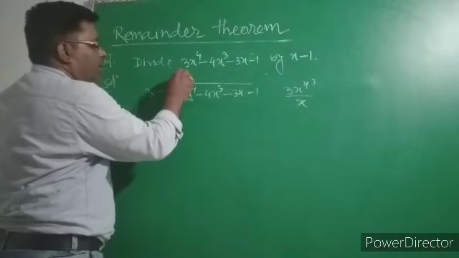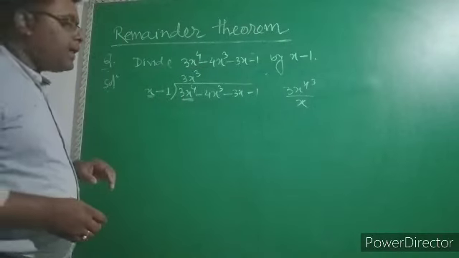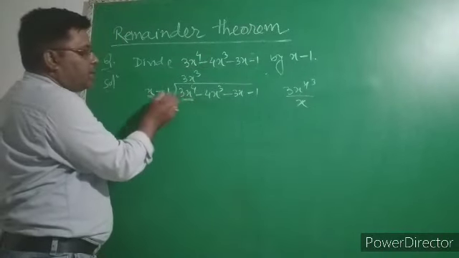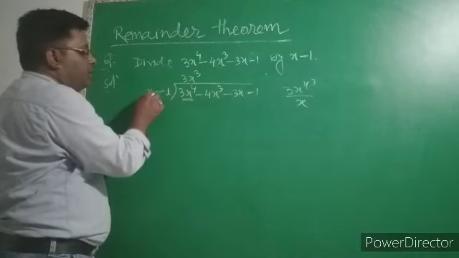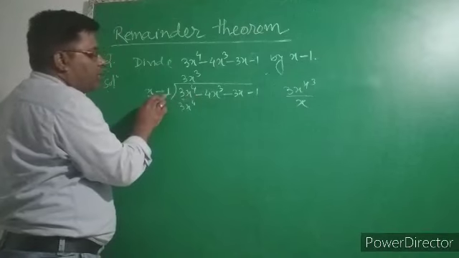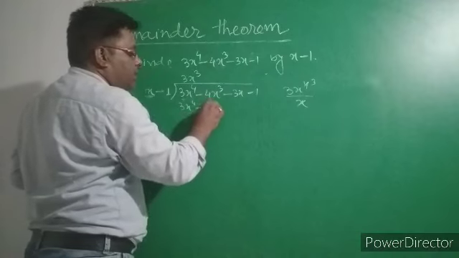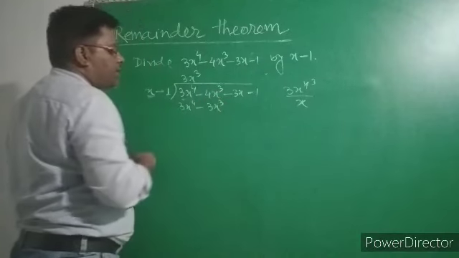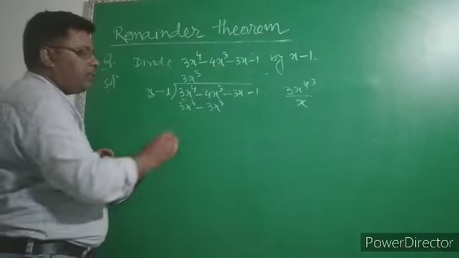That is our quotient will be 3x cube. Now 3x cube into x is 3x to the power 4. Next we have to multiply this minus 1 with 3x cube, that is minus 3x cube. We have to write the x cube below x cube.